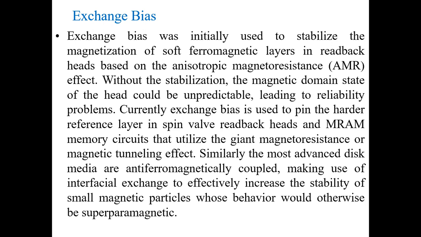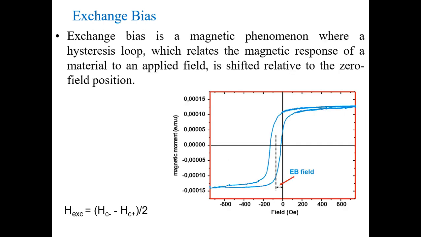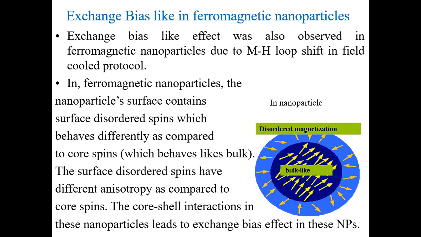So in this picture you can see the hysteresis loop is shifted towards the left, and this shifting is due to this exchange bias field, and you can calculate the exchange bias field by this simple formula. Exchange bias is a magnetic phenomenon where a hysteresis loop, which relates the magnetic response of the material to applied field, is shifted relative to the zero field position.